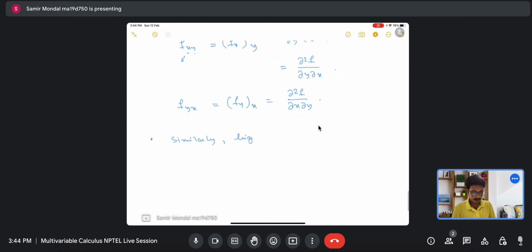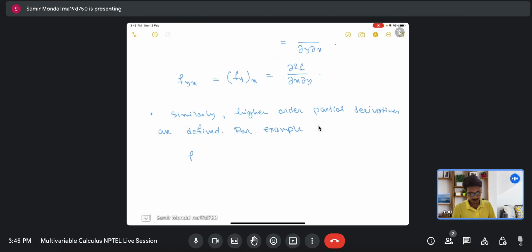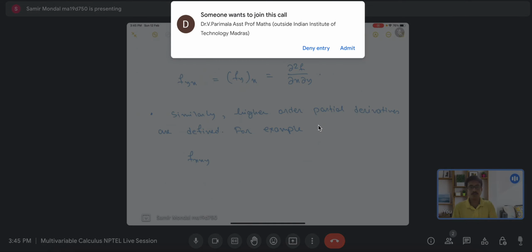Similarly, higher order partial derivatives are defined. For example, for this one, f of x, y, at first what we will do?